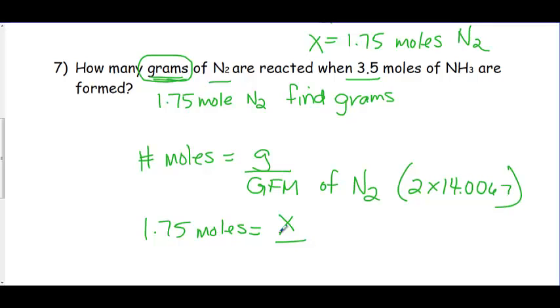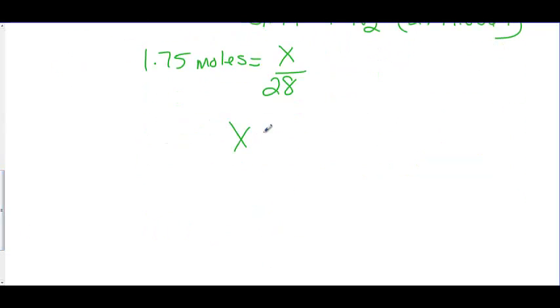Okay, so when I put that in there, I get my GFM, which is about 28. So 1.75 is equal to our grams over our GFM. Okay, so 28 times 1.75 will give you about 49.0 grams of N2 needed.